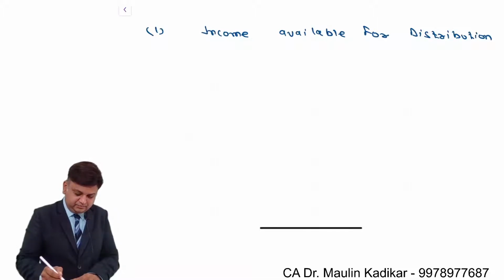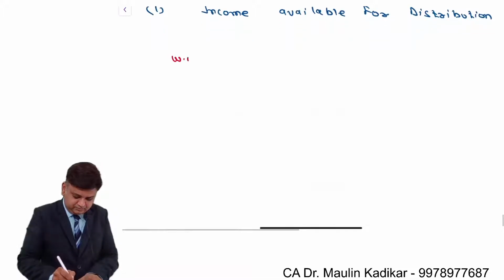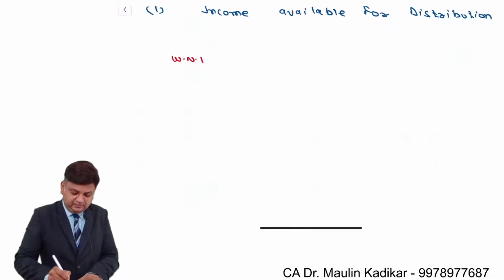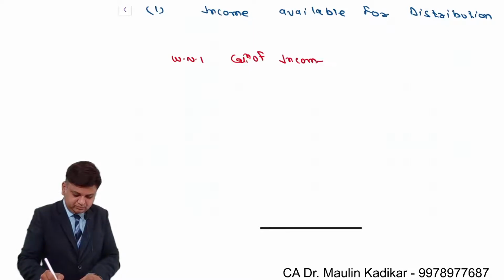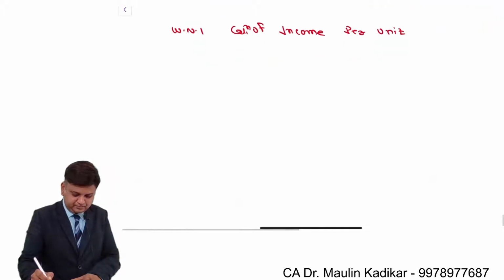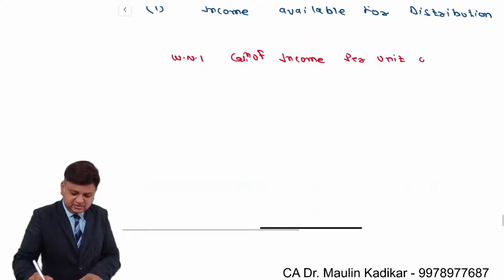Then write down working note number 1, calculation of income per unit on a monthly basis.